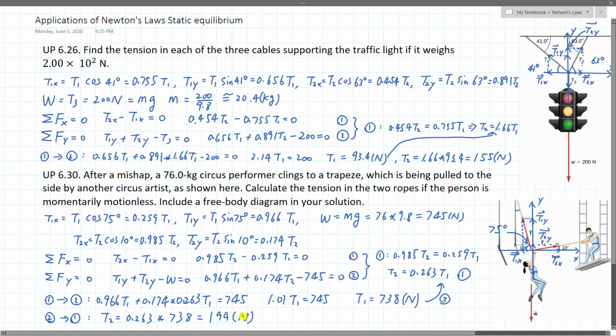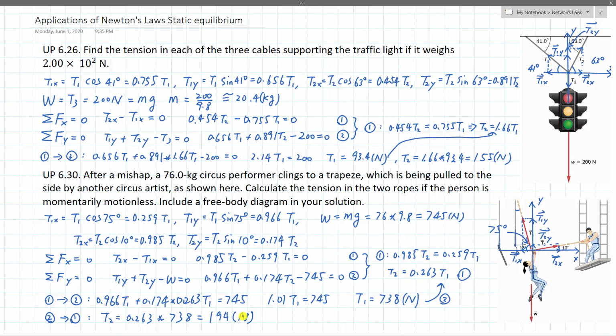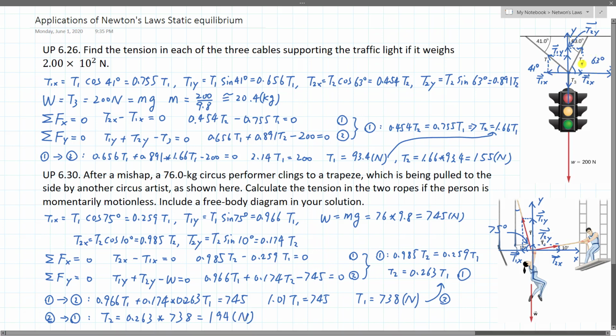Alright, so that solves both problems. We basically ran through exactly the same type of problem two times, so you get to see how it's solved two times. And make sure you draw your free body diagram, make sure you find the correct angles, bring the angles down to the origin. And that's what I did. I realized, oh, the 15 degrees here is not with the axis.